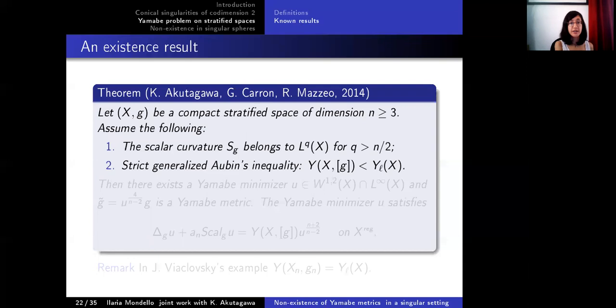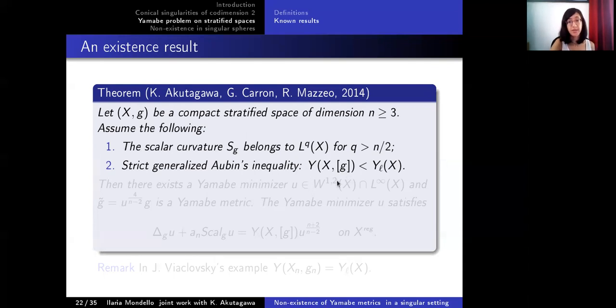So first of all, an existence result due to Kazuo Akutagawa, Gilles Carron, and Raphaël Ponge. If you consider a stratified space of dimension larger than 3, so note these are generally stratified spaces with possibly higher codimension strata, you assume that the scalar curvature is in L^q for q bigger than dimension over 2, and a strict generalized Aubin inequality.